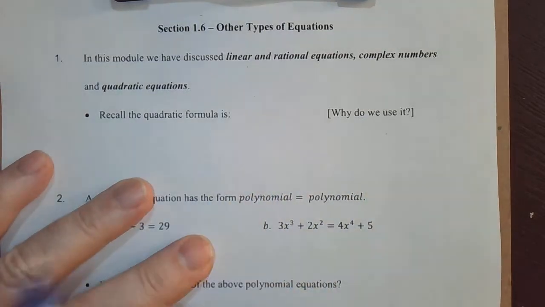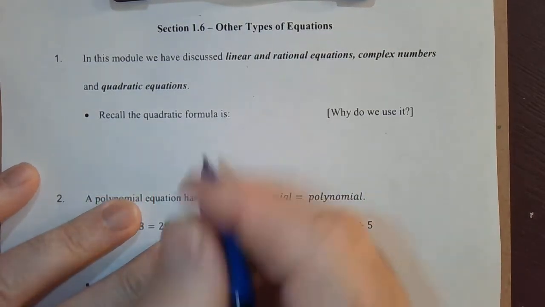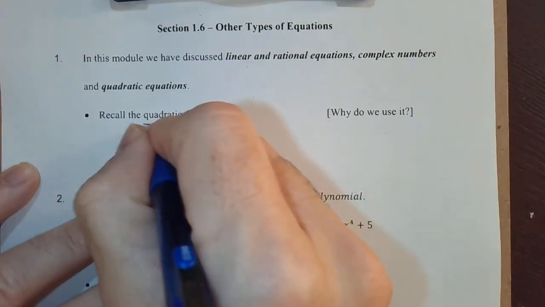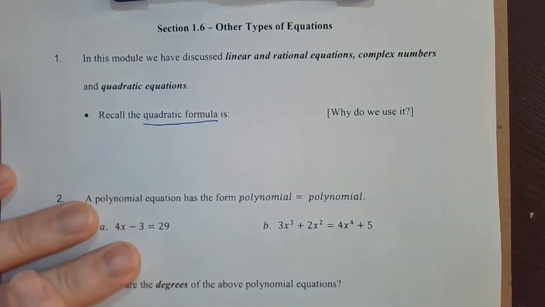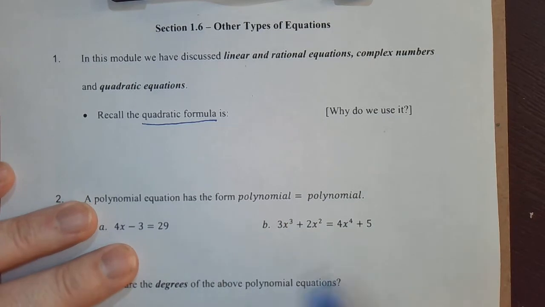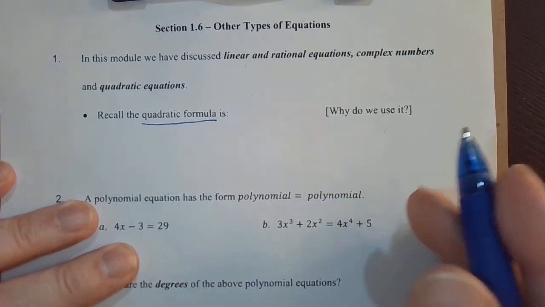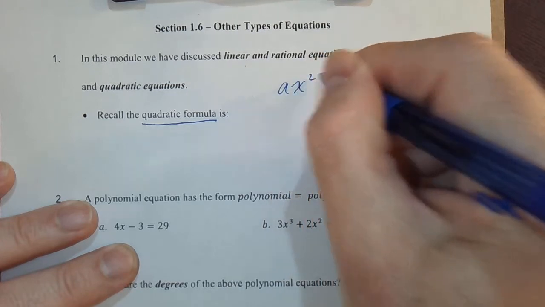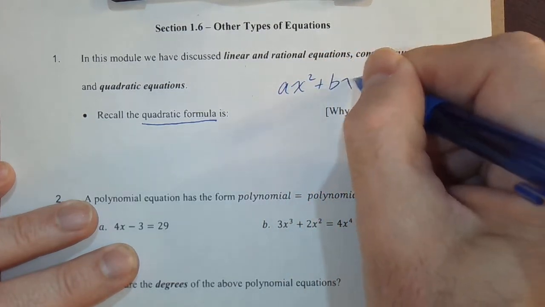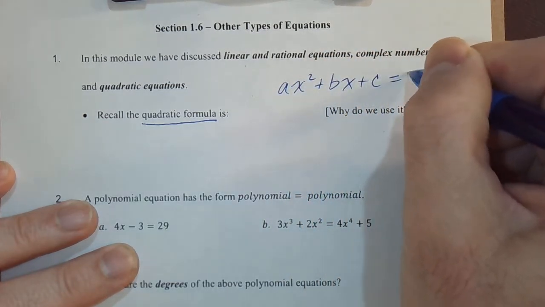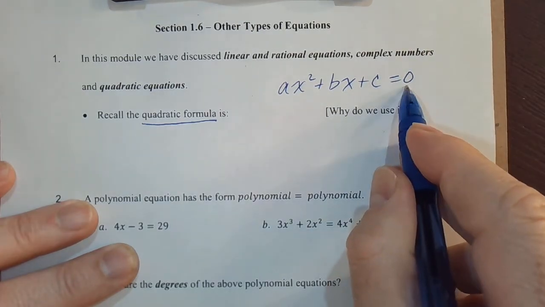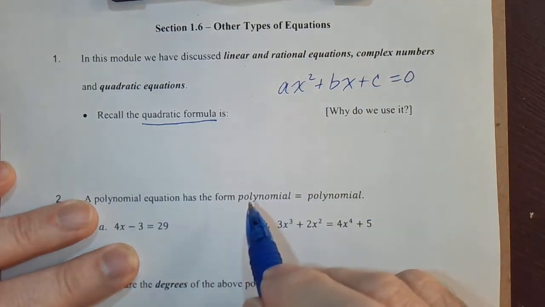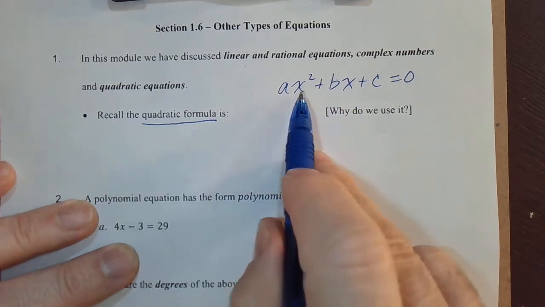But first, let's do one quick review, because this is something that you should have memorized, the quadratic formula. Well, the quadratic formula says, given you have a quadratic equation that looks like this, where you have a 0 on one side, and a, b, and c are the coefficients in this order.